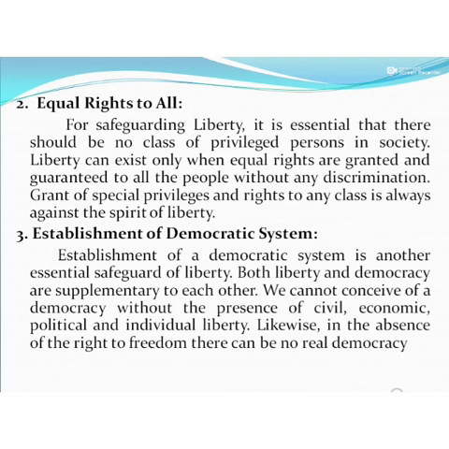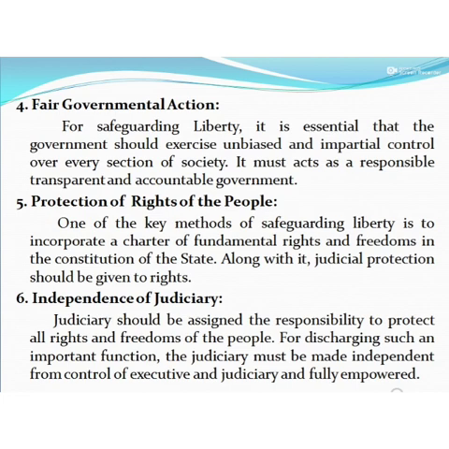Likewise, in the absence of the right to freedom, there can be no real democracy. Fourthly, fair governmental action. For safeguarding liberty, it is essential that the government should exercise unbiased and impartial control over every section of society. It must act as a responsible, transparent, and accountable government.